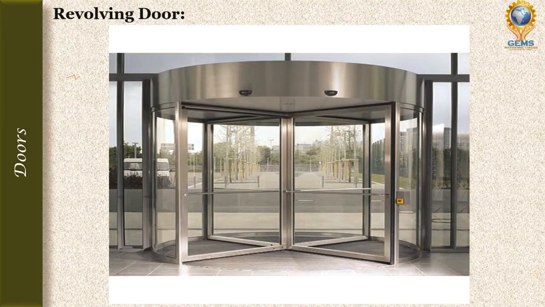The next type of door is the revolving door. The picture shows the revolving door. We can see these doors in many malls or big buildings or beautiful buildings, as the entrance.